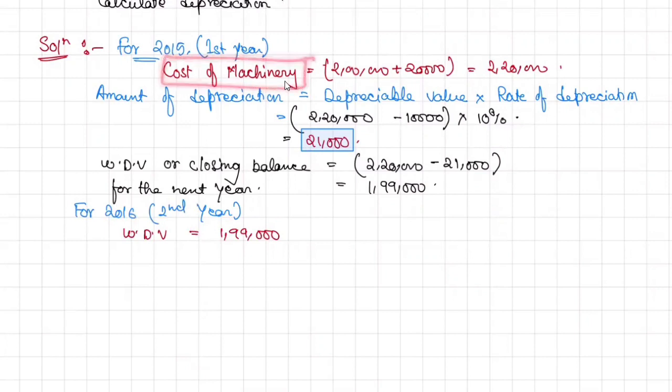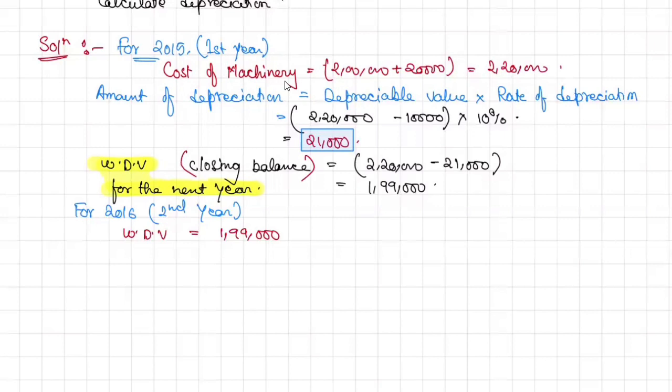We'll always be calculating on this written down value, the closing value of the previous year. Remember what I have written over here: it is WDV for the next year, or closing balance.